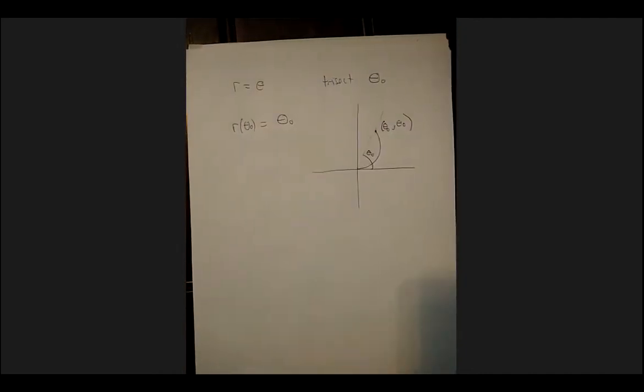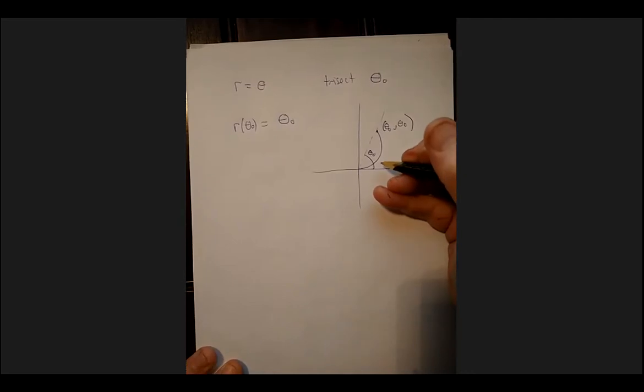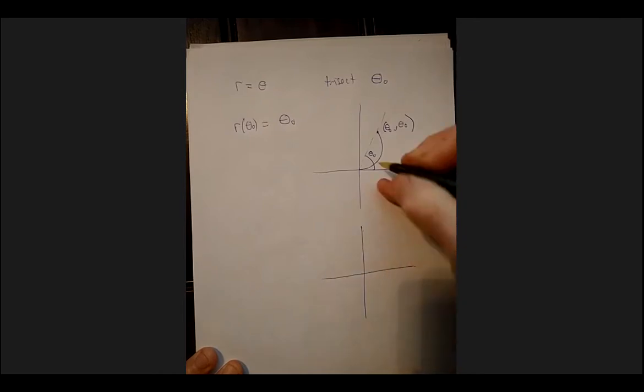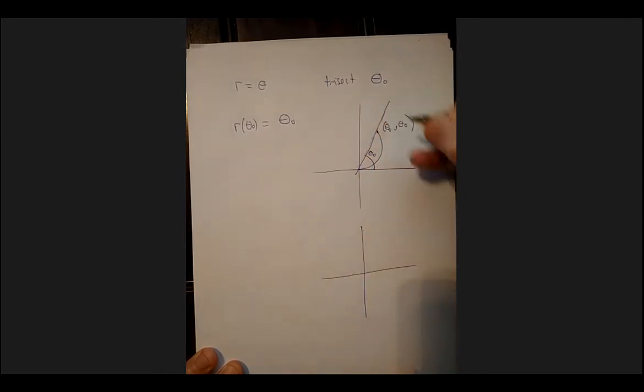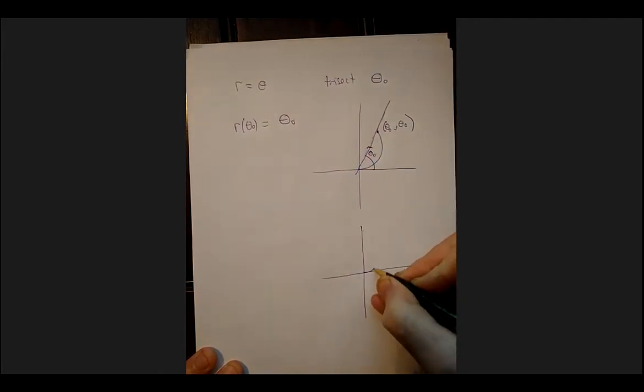I'm going to try to get a better focus on my camera. And so then I trisect. I draw this line segment here, and I trisect, and I'm just going to assume it's right about here.